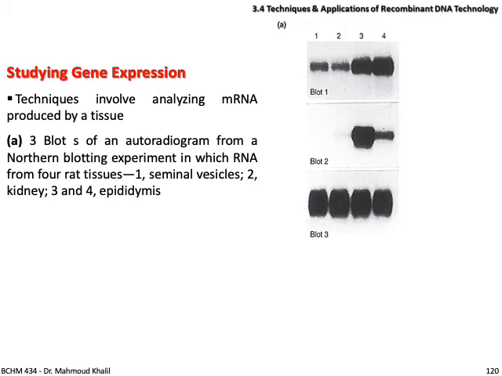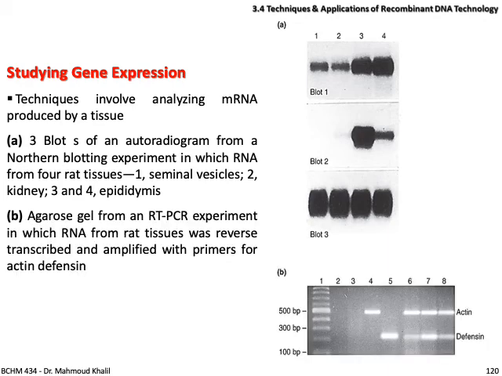In the first one, you can see RNA from 4 rat tissues: 1 is from the seminal vesicle, 2 from the kidney, 3 and 4 from the epididymis. Okay. So you can see the agarose gel from an RT-PCR experiment, in which RNA from rat tissue was reverse transcribed and amplified with primers for actin.